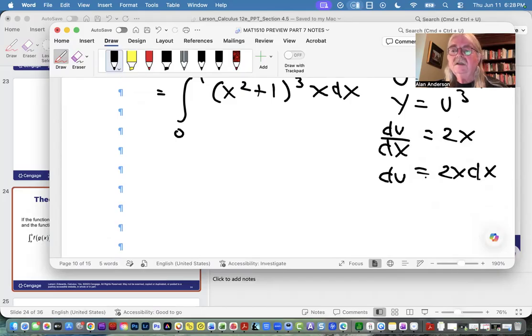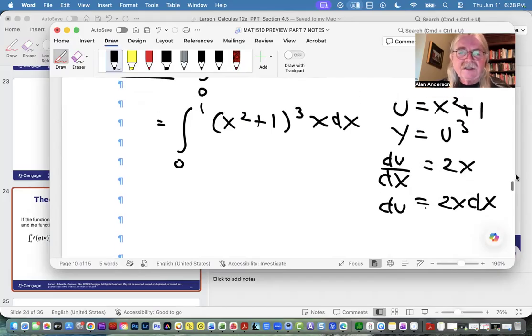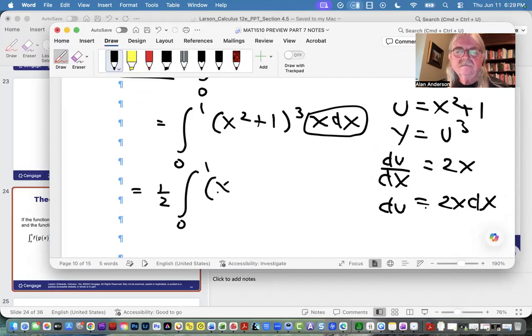Now, if you notice, like in an earlier example, we don't actually have that, do we? So we're going to rewrite this slightly. And now this is my du, and this is u cubed.